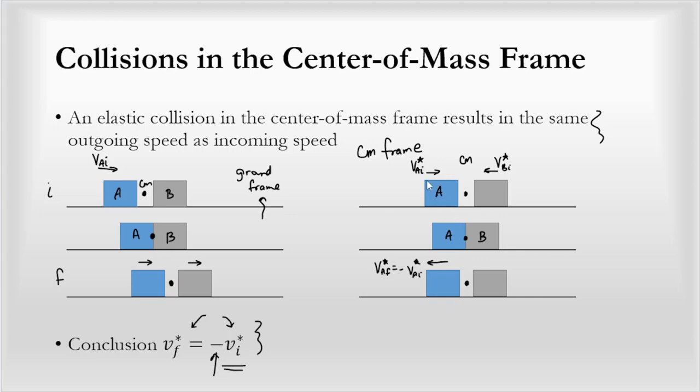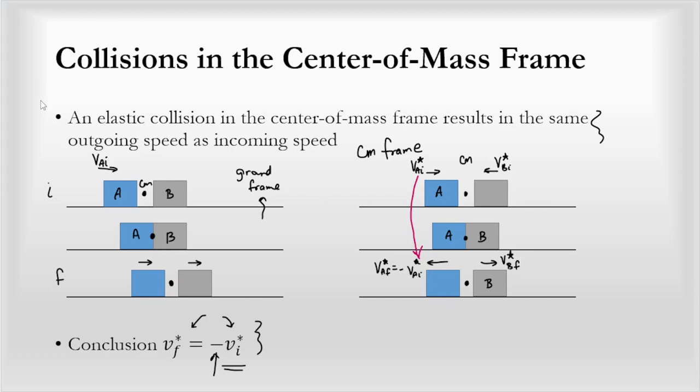Whatever this incoming velocity was in the beginning, it's going to be equal but in the opposite direction. And I'm going to say the same thing about B as well. It had an incoming velocity in the center of mass frame, and it's going to have the same but negative outgoing velocity. So that is the convenient fact that we're going to use in problem solving.